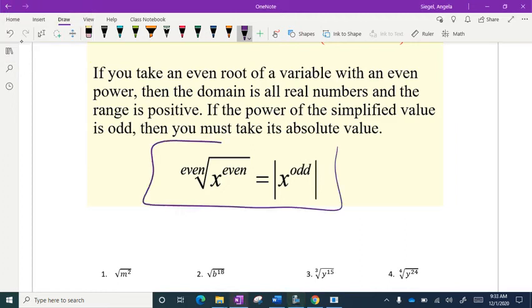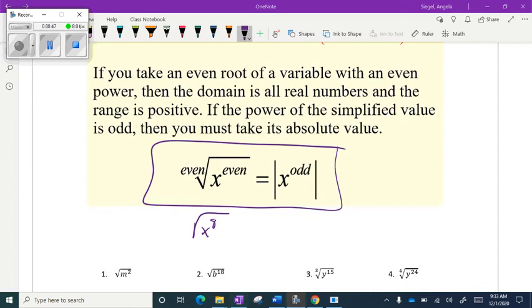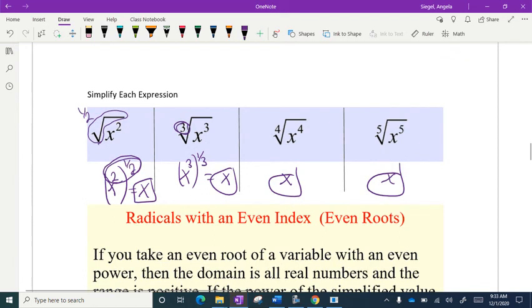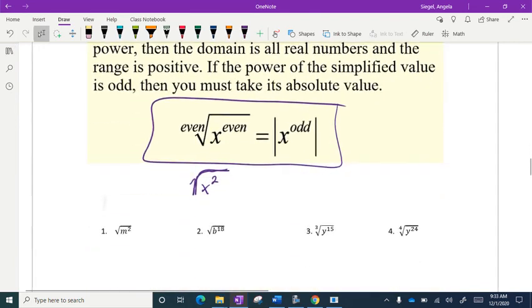Okay, so this is a very important rule that's going to come up. If you have an even exponent and you take an even root of that and it comes out odd. So I changed my 8 to a 2. So I'm going to start off easier. So the square root of x squared. Well, we just found out up here that the square root of x squared is x.